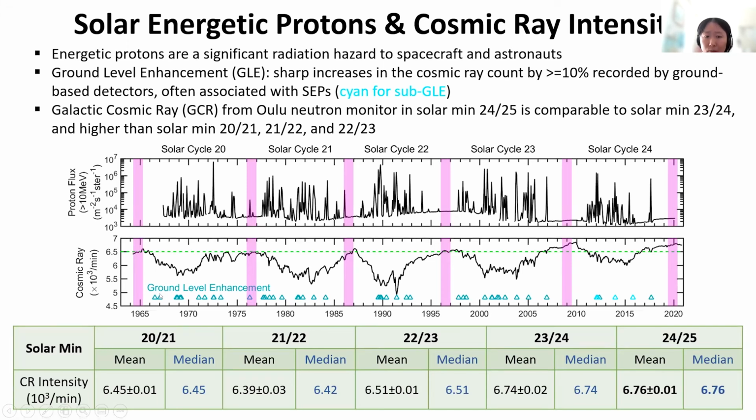And this one is the ground level enhancement events marked by the triangles, and there are few such events in cycle 24, and some of those are only stable GLEs marked by the light color. And the last one, the cosmic ray count, is actually higher, whether using the mean or the median values, in the minimum 24-25 than the previous ones. Of course, I mean, they are quite similar.